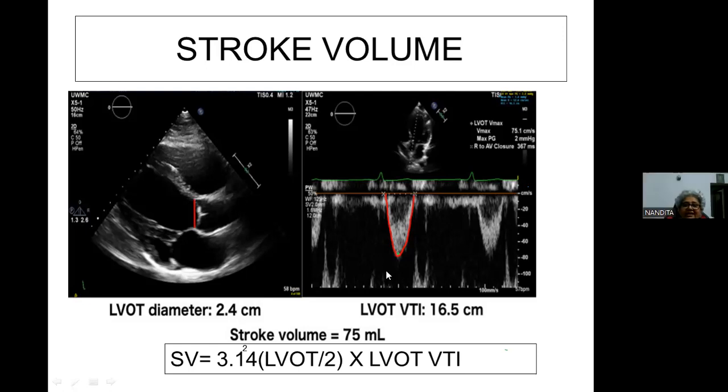See, basically AI is all about matching their own protocol parameters that they have. They have to find matching things, and then the artificial intelligence takes over and does the measurements. I don't know whether they are validated in India or not. It is there already. Dr. Nandita is there. GE has come up with this artificial intelligence.